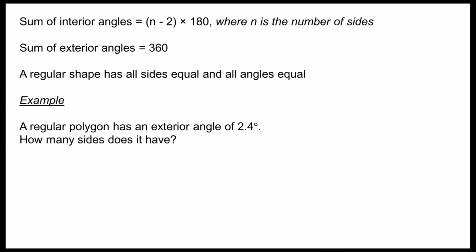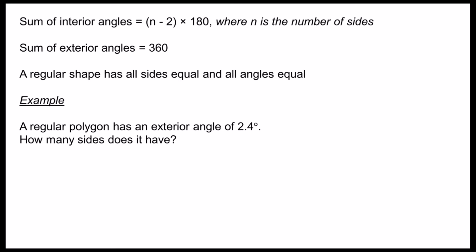In this second example, we're given that the polygon is regular and it has an exterior angle of 2.4 degrees. Again, we're asked to work out how many sides it has. This time, I'm going to use the fact that the sum of my exterior angles is 360 degrees to help me work this out.